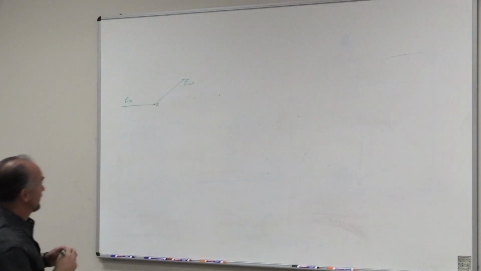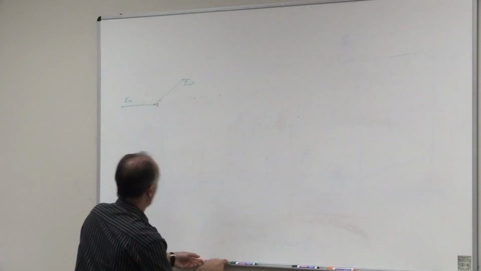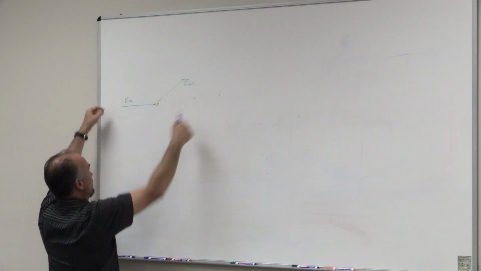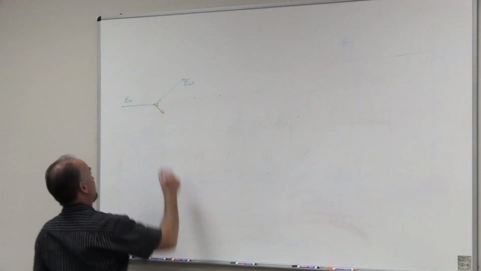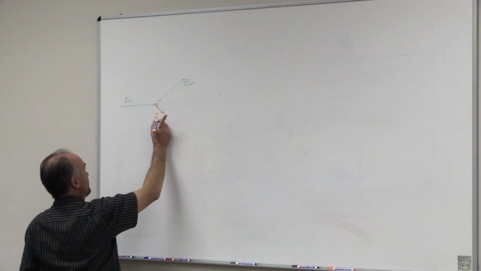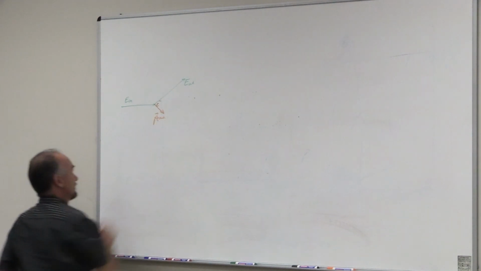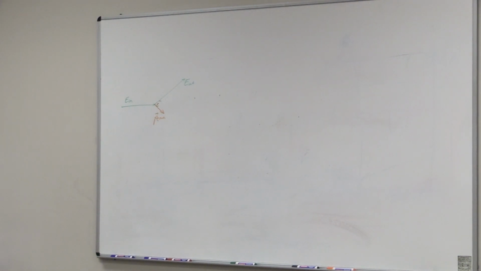And as a consequence, the electron obviously will have to pick up some of that momentum. So the electron will probably go out in this direction, P out.